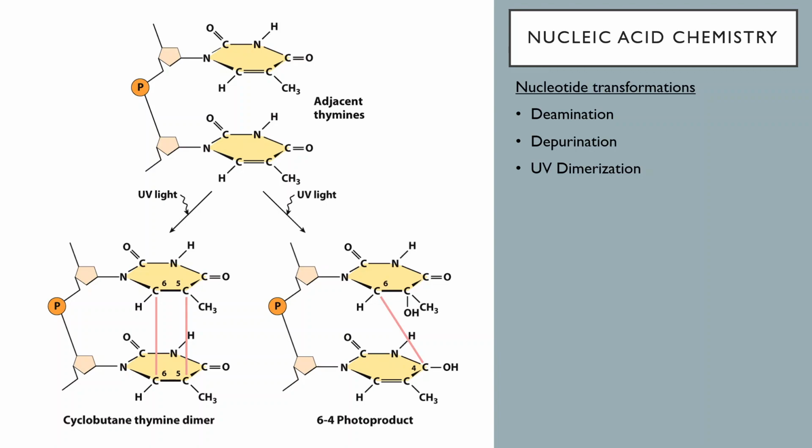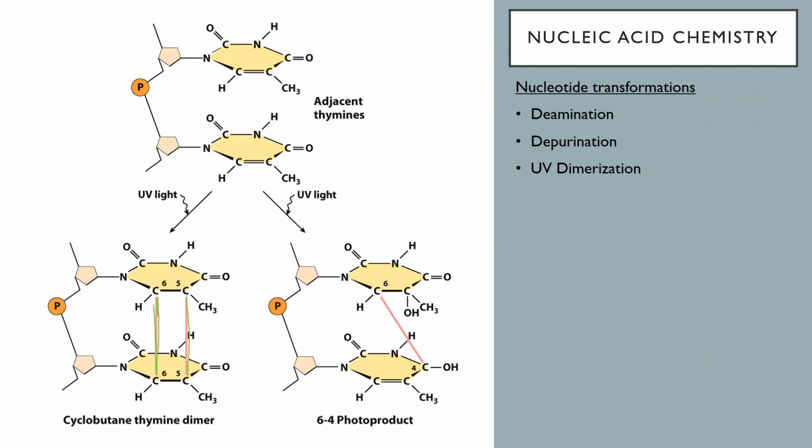If this structure is hit with UV light, it has the ability to cause these two pairs of double bonds to connect to each other and form what's called a cyclobutane dimer, which means that now we have a 4-carbon ring between these two adjacent bases.